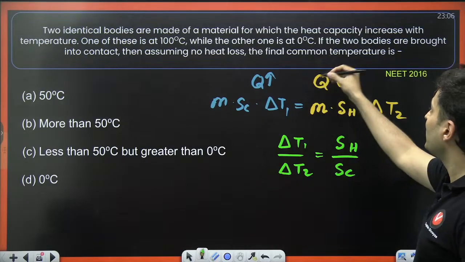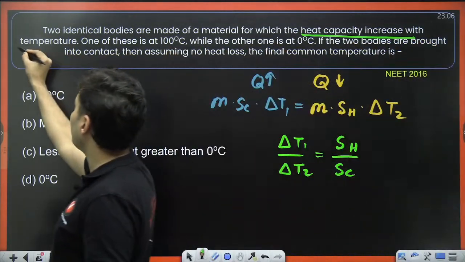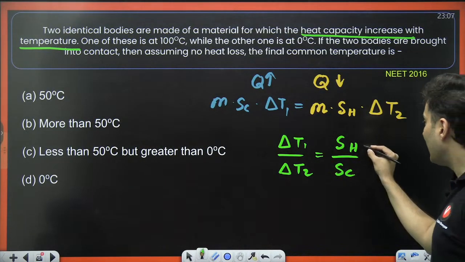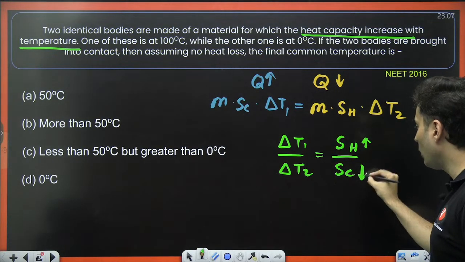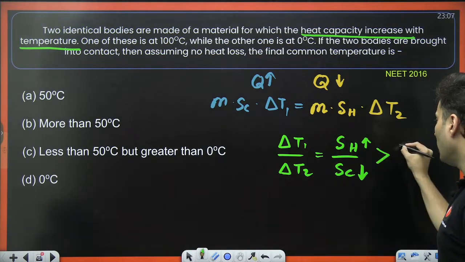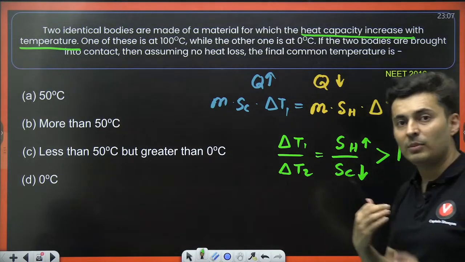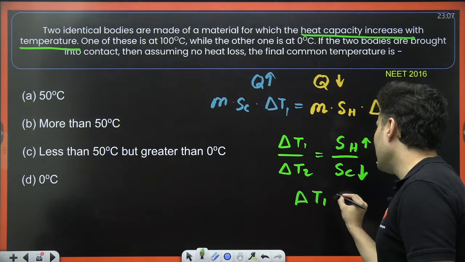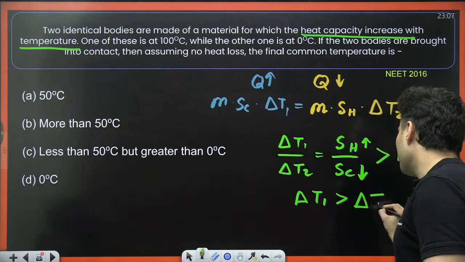Now clearly it is mentioned that heat capacity increases with temperature. That means SH is higher and SC is lower, so this ratio is more than 1 because the numerator is more than the denominator. That means delta T1 is more than delta T2.